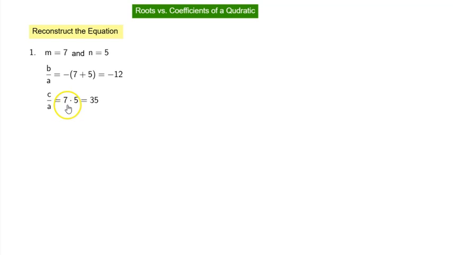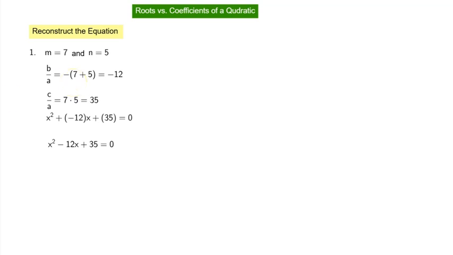C by a is equal to m times n, which is equal to 35. So now we just substitute: x square plus minus 12x plus 35 is equal to 0. Simplifying it, we get x square minus 12x plus 35 equal to 0. So this is the equation whose roots are 7 and 5.